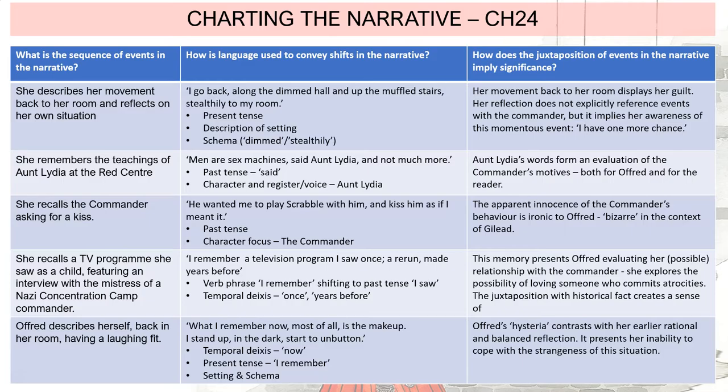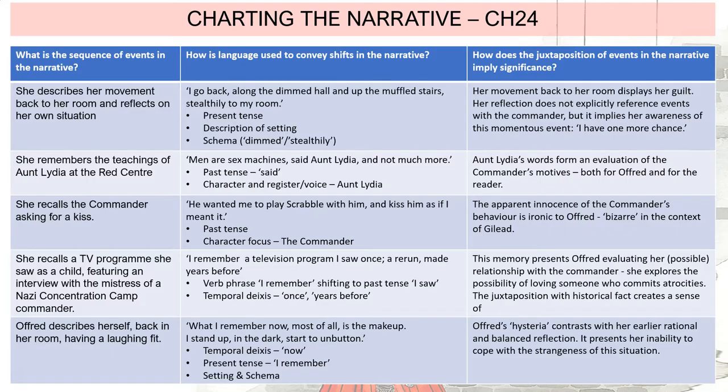I won't go through my own analysis of the chart, but there are a range of different techniques used by Atwood to convey shifts in the narrative, sometimes very explicitly, sometimes actually quite subtly. All of these shifts have an implied or sometimes more obvious or less obvious significance, in that Offred's mind is putting these events together for a particular reason.